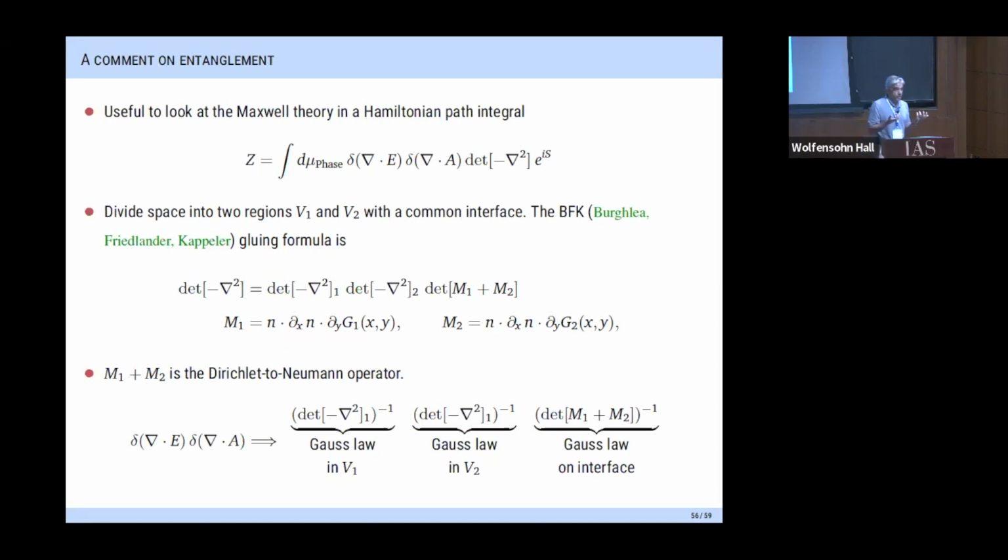So the measure of integration when you have constraints is, if you may have seen this before, but if you haven't, you put one set of constraints here, you put the other set of constraints here, and then you also have the determinant of the Poisson bracket between the two.